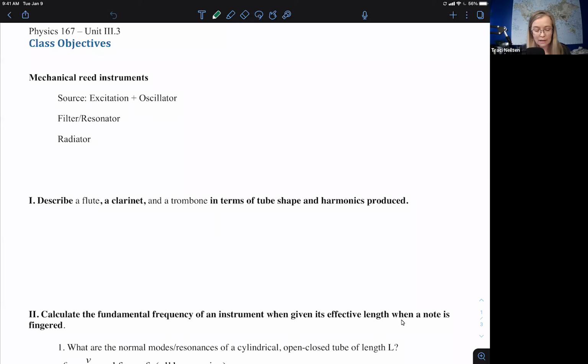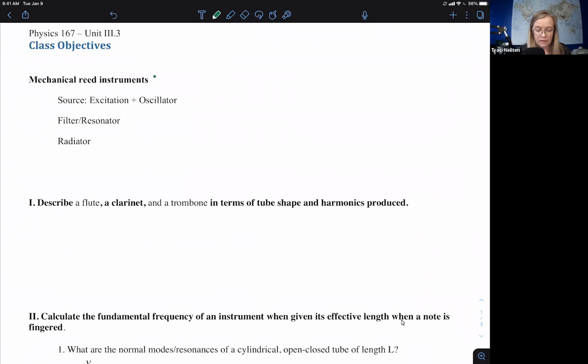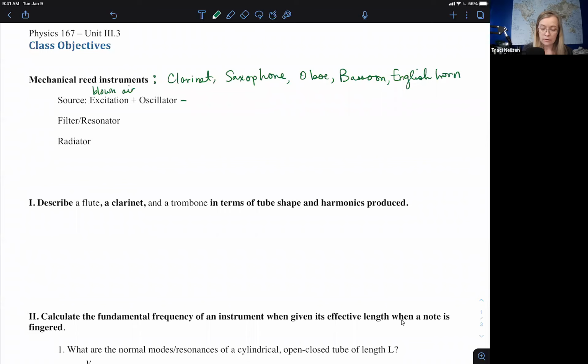Okay, so let's go ahead and talk about mechanical reed instruments. What do we mean by that? We mean the clarinet, saxophone. Okay, those are single reed instruments, and then things like the oboe and the bassoon and the English horn. So in all of these cases, the excitation is blown air, and the oscillator is the vibrating reed.